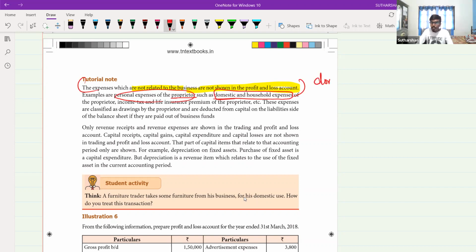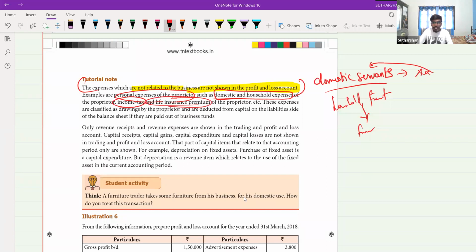For example, domestic servants, வீட்ல வேலை பார்க்கறவங்க, நம்ம salary கொடுத்துட்டு அதை நம்ம business குள்ள எழுதக்கூடாது. Household expenses, வீட்டு செலவுக்காக ஒரு furniture வாங்கியிருக்கேன் அப்படின்னா அதை கணக்கு காமிக்க கூடாது. Okay, tax, income tax, life insurance premium அதெல்லாம் காமிக்க கூடாது. இது எல்லாமே personal expense.